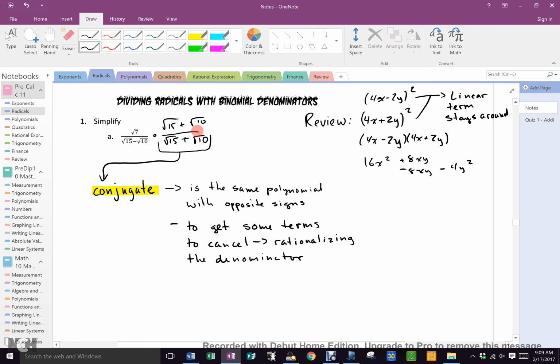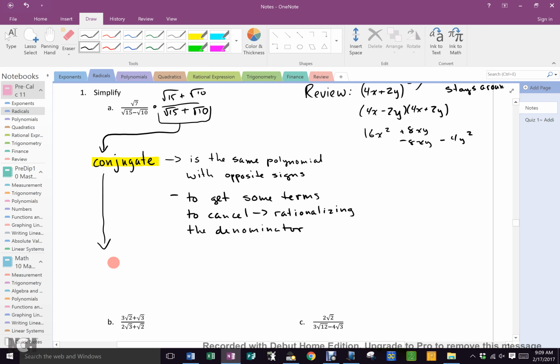So if I were to do this, run your conjugate through this expression, what do I get in the numerator now? I'm going to write it out. You guys would, of course, just do the work. This is 7 times 15 plus root 7 times 10 over what?